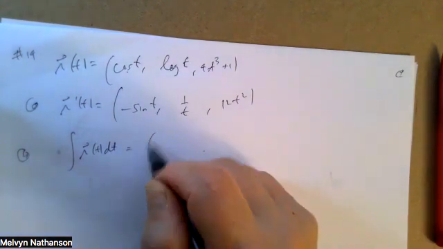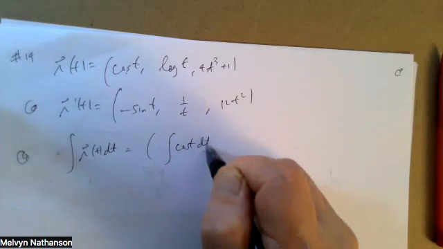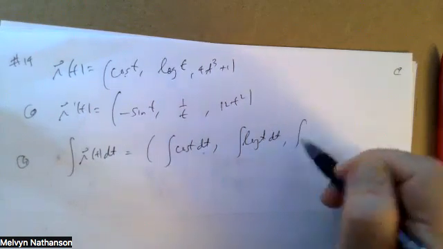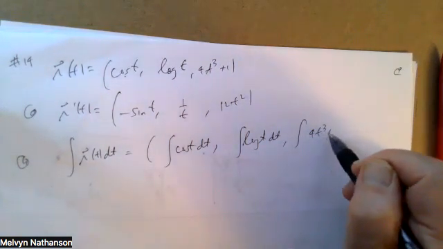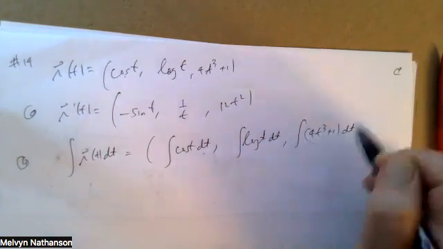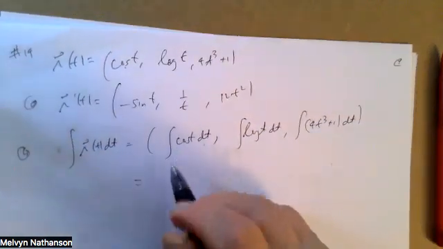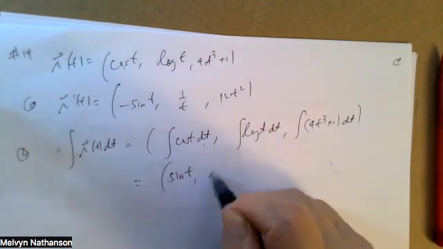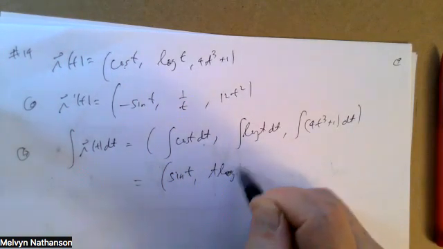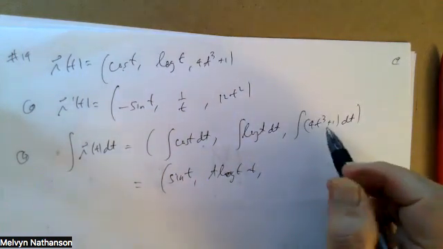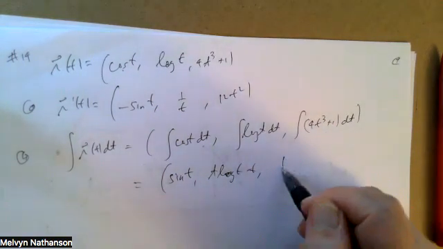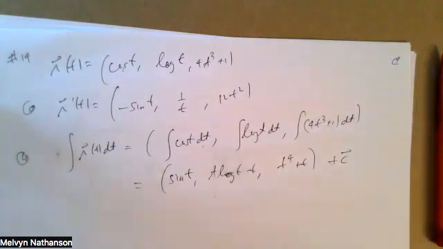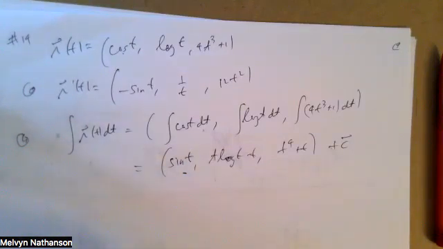You integrate each coordinate: integral of cosine t dt, integral of log t dt, integral of 4t cubed plus 1 dt. The integral of the cosine is sine t. Integral of log t is t log t minus t. The integral of 4t cubed plus 1 is t to the fourth plus t. Plus any constant vector, but this is the indefinite integral.